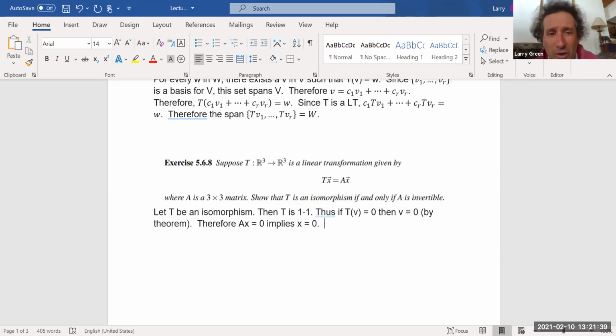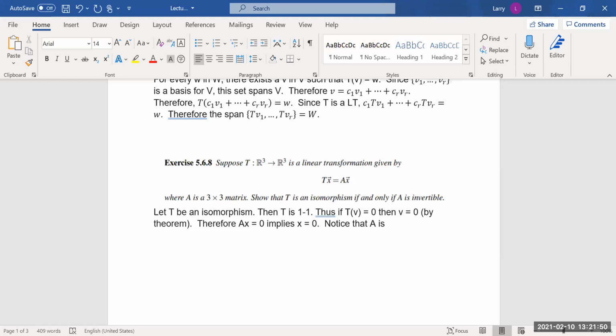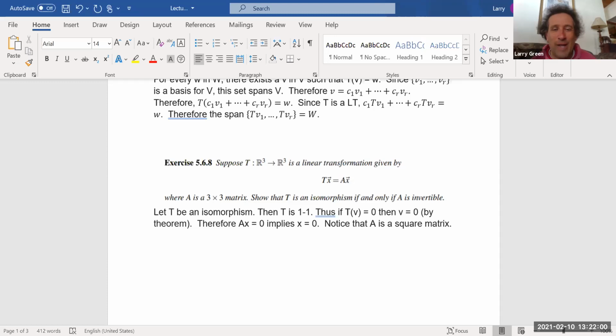All right, now notice that A is what kind of matrix? A square 3 by 3. Yeah, it's a square matrix. All right, 4 letters: TFAE.